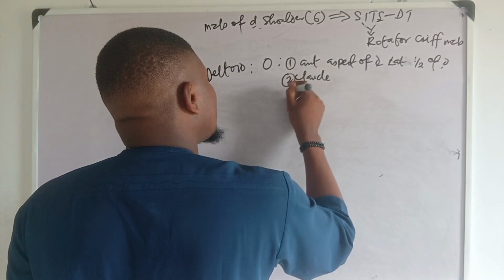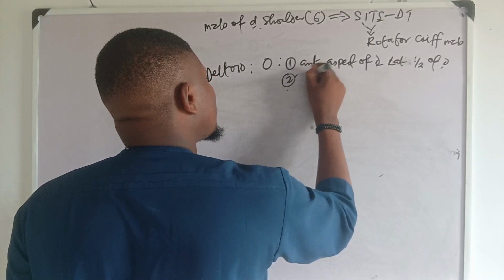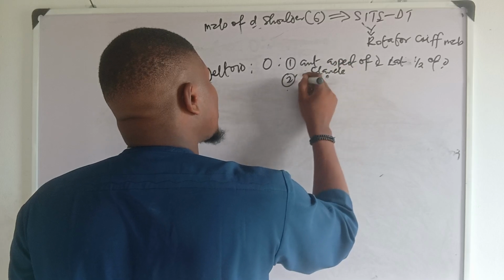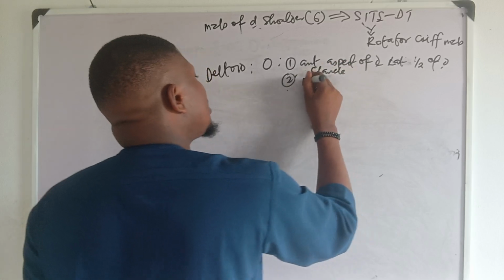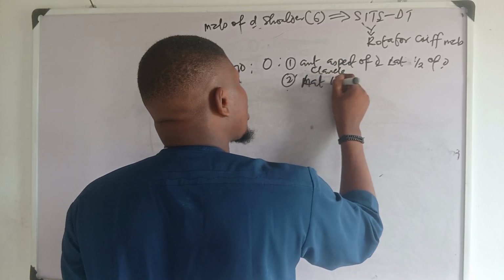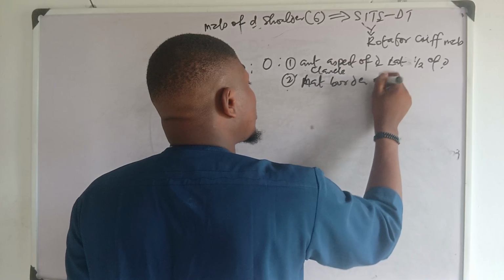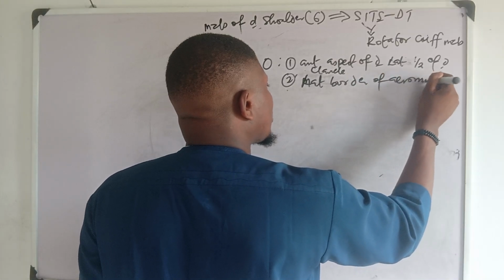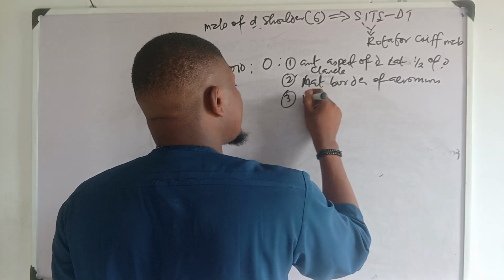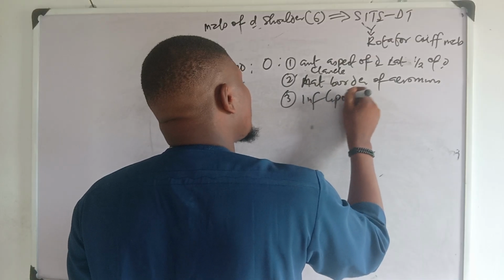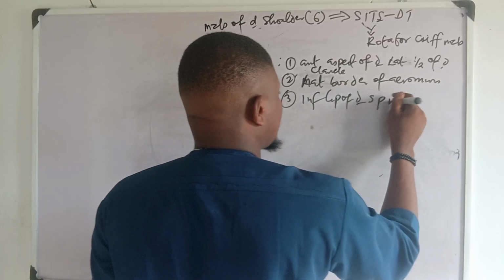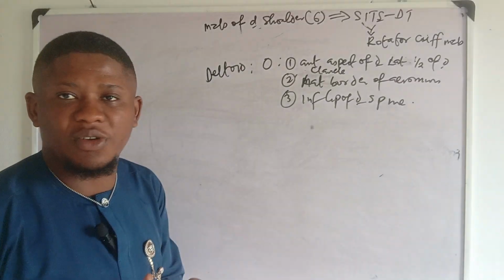Number two is the lateral border of the acromion. And number three is the inferior lip of the spine. If you invert it, this is the insertion of trapezius.